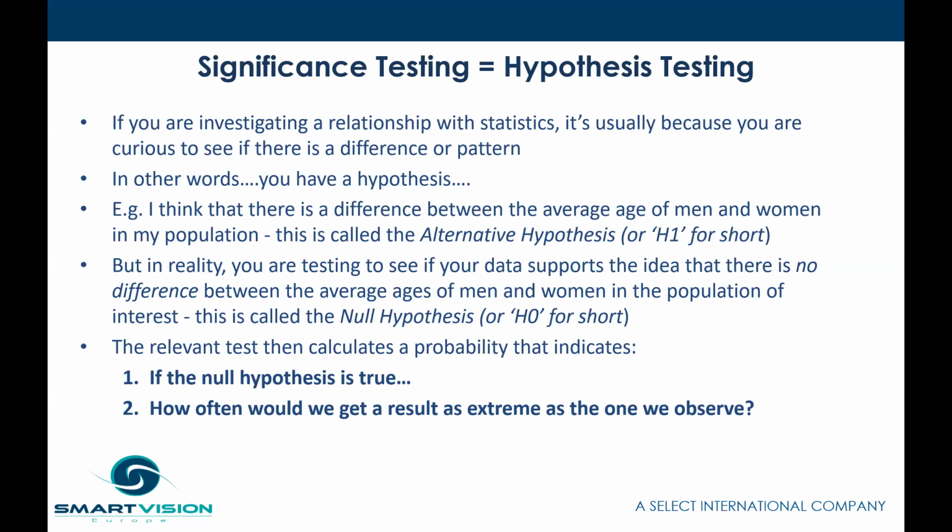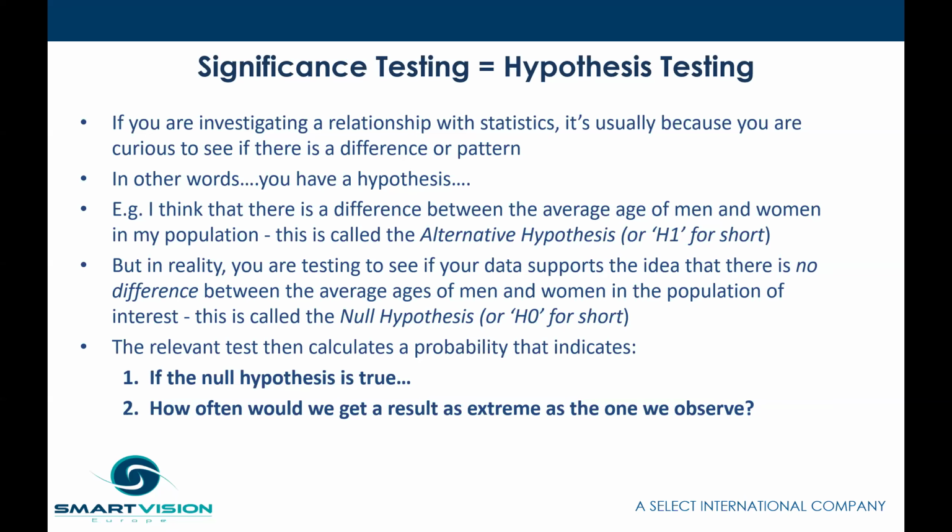The relevant test then calculates a probability that indicates if the null hypothesis is true, how often would we get a result as extreme as the one we observe? This is the most important bit in it. This is the bit where people most commonly misinterpret hypothesis tests and misinterpret how to make sense of significance tests.